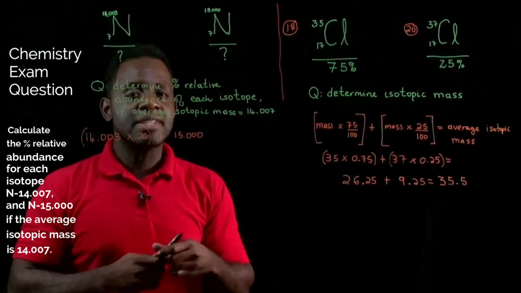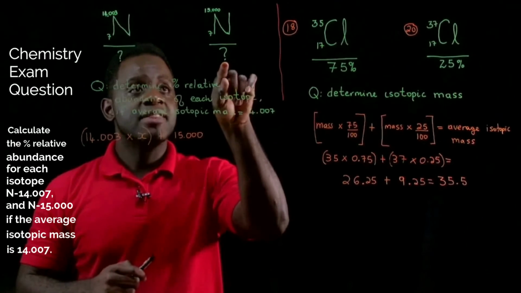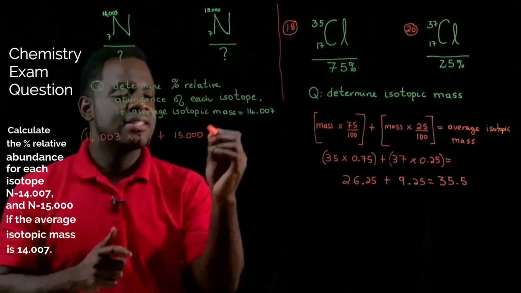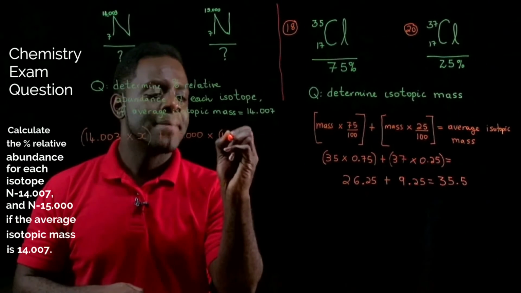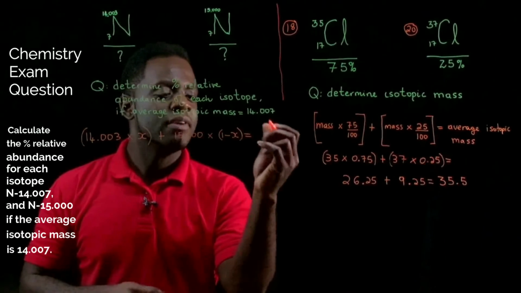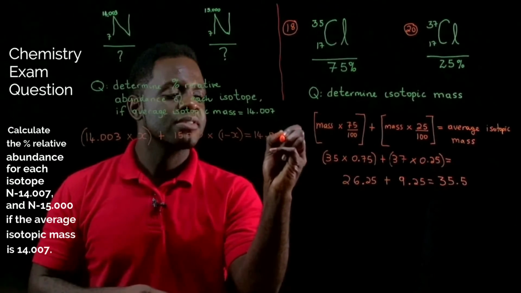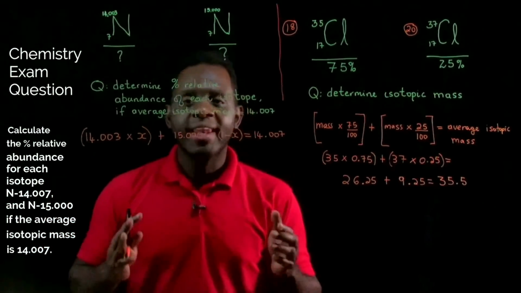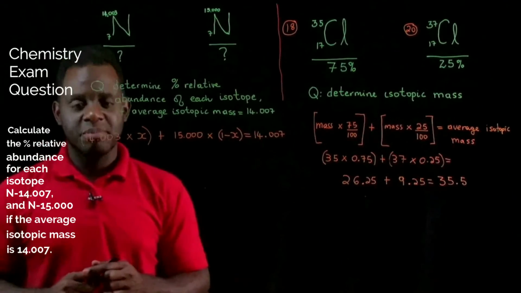Then we can express the relative abundance of this isotope as 1 minus X. And that must be equivalent to 14.007. Finally, let's solve the equation to find out what our values will be.